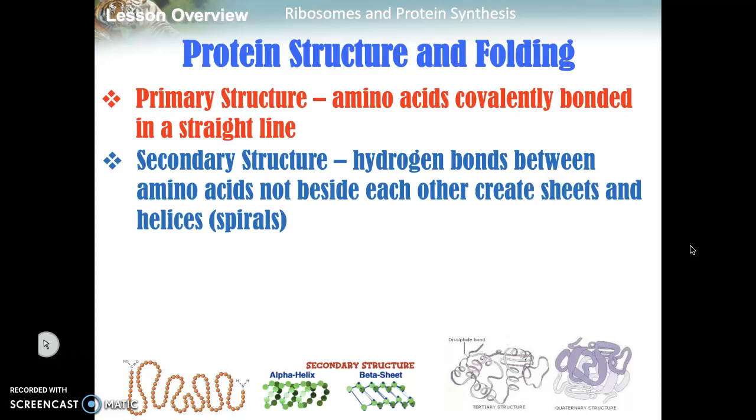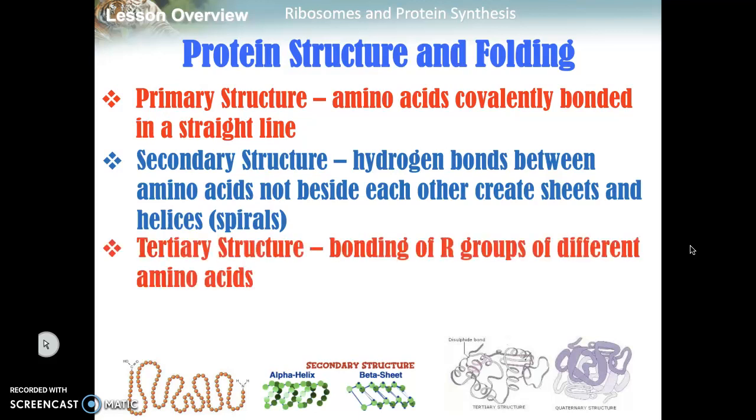What happens is, not only will they bond covalently like they do in the primary structure, but sometimes they will attach themselves every other, and this causes some to move forward and back, and then this creates what's called a pleated sheet. And in some cases, we will see spirals get created. That is the secondary structure of a protein.